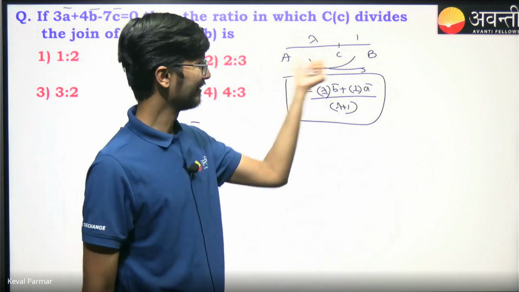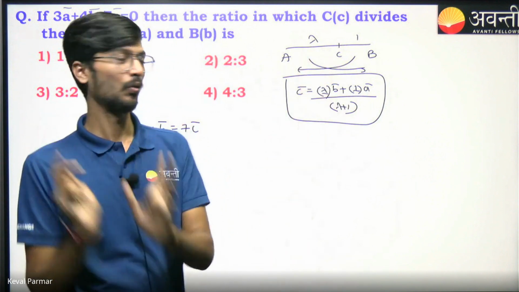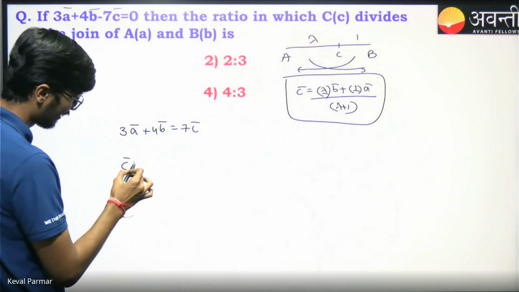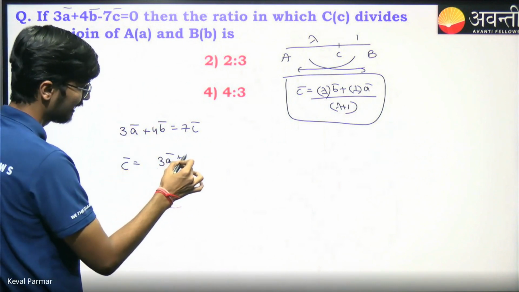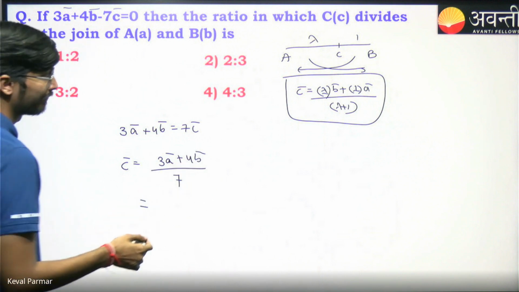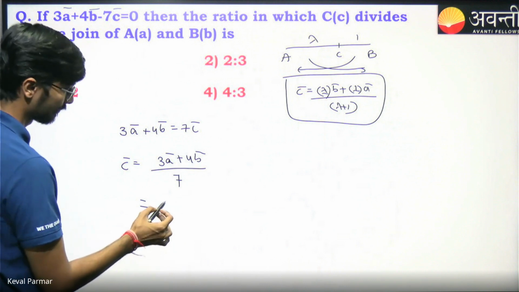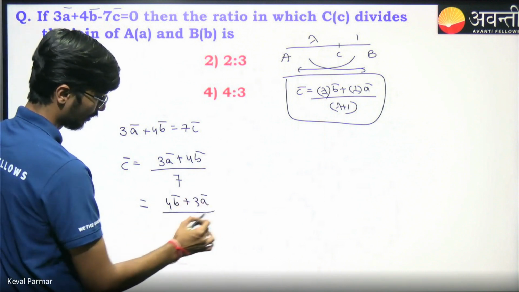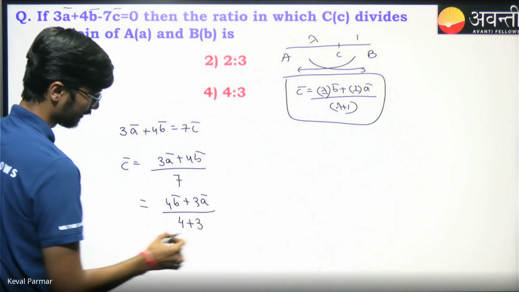That means C divides AB in the ratio lambda is to 1. So here I'll do a smart thing. I'll write C bar as 3A bar plus 4B bar upon 7, which can further be written as 4B bar plus 3A bar upon 4 plus 3.